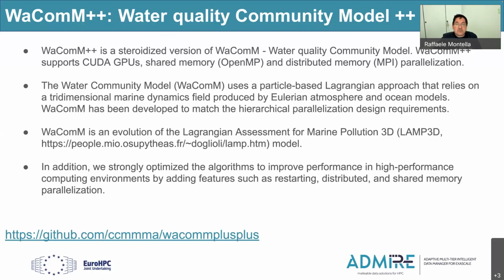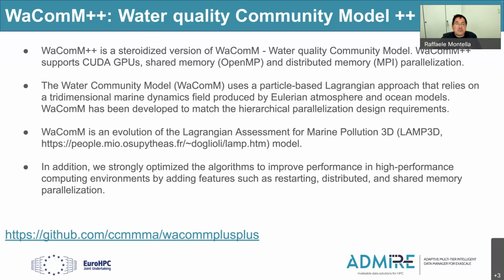The Wacom model was written in Fortran, was partially parallelized, was not using GPUs, while the new model has been developed in C++ and has been designed to be hierarchical and heterogeneous.